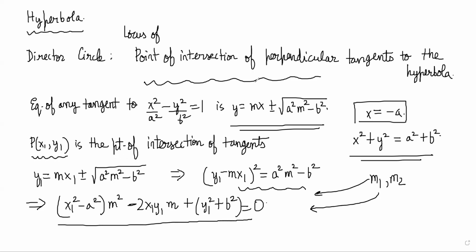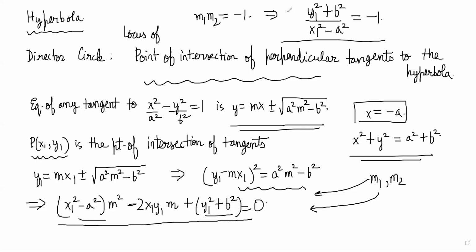Now, because we want the tangents to be perpendicular, we can say m1 m2 should be minus 1. And that implies here product of the roots in this is y1 square plus b square by x1 square minus a square is minus 1. So if you cross multiply now, you will get y1 square plus b square is equal to minus x1 square plus a square.